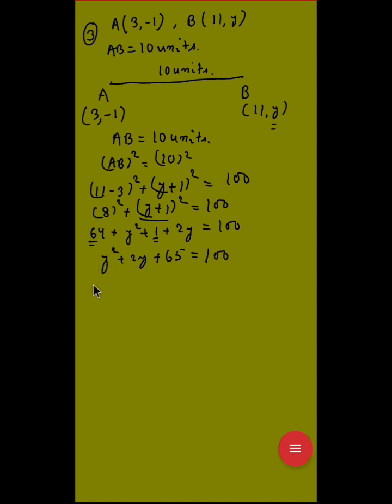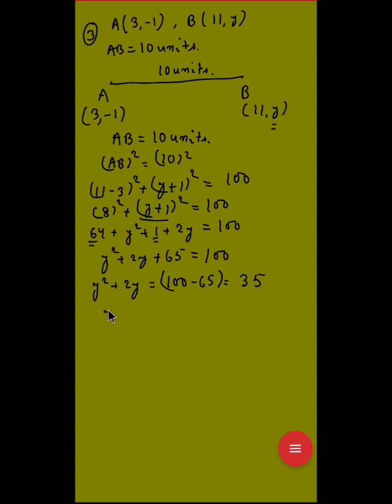Now y squared plus 2y is equal to 100 minus 65. So 100 minus 65 gives the value of 35. So we take 35 over here to the other side of the equality.